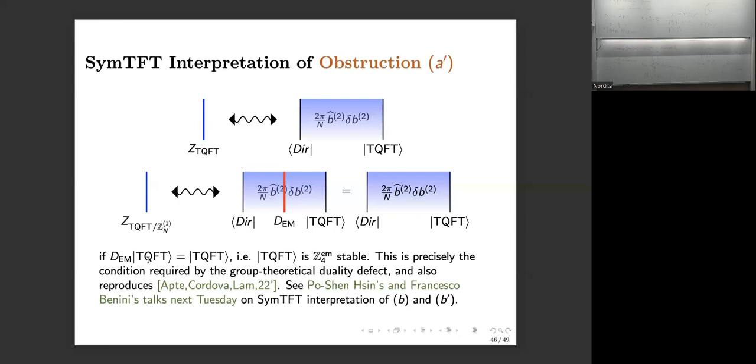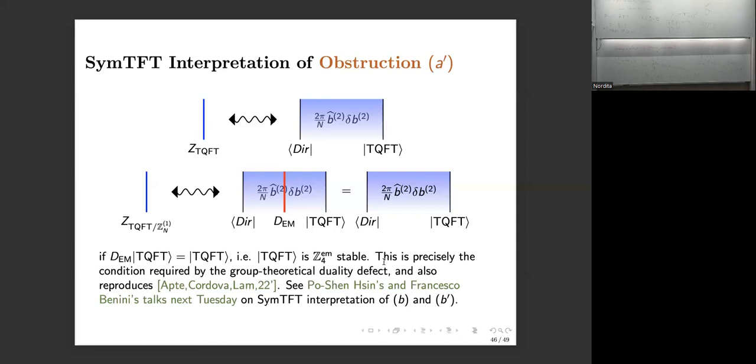Translating this into the Lagrangian subgroup language, it means that the Lagrangian subgroup associated with the boundary condition defined by this TQFT must be Z4 EM stable.